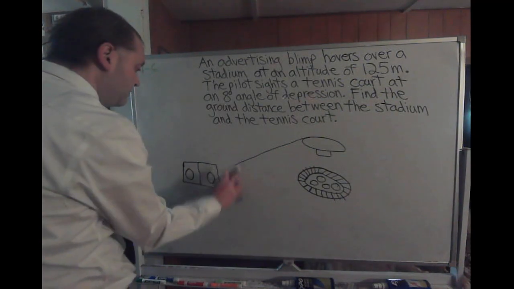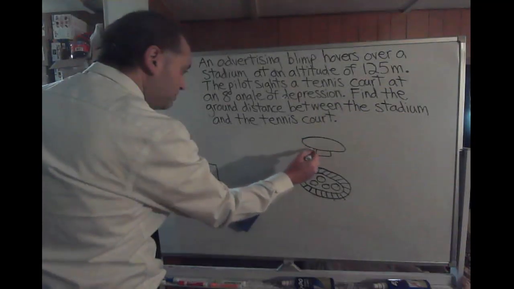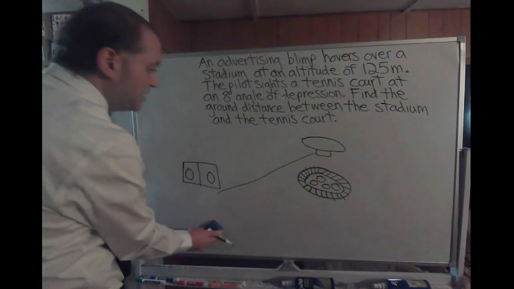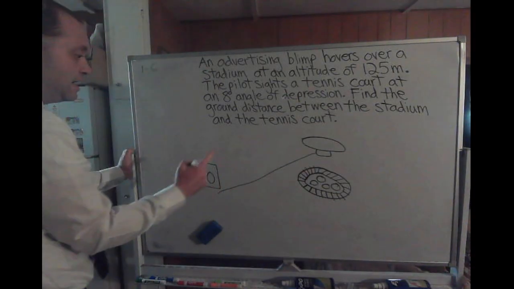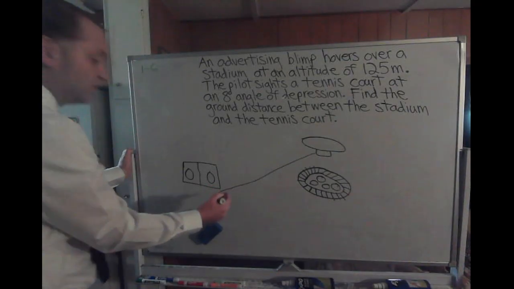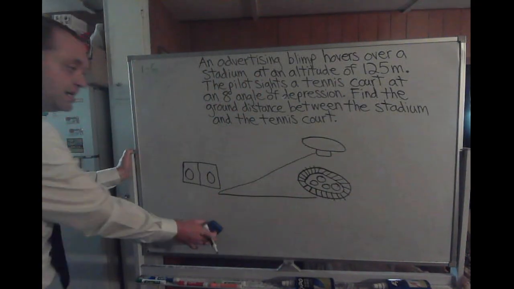Well, you'll get the idea. Somewhere in here, the pilot's looking at an 8-degree angle of depression, where they look down, they see the tennis court. We're going to try to find the ground distance from said stadium to the tennis court.